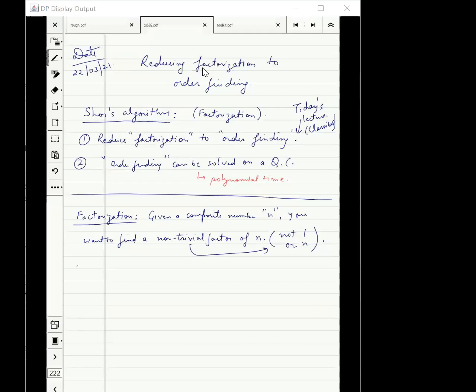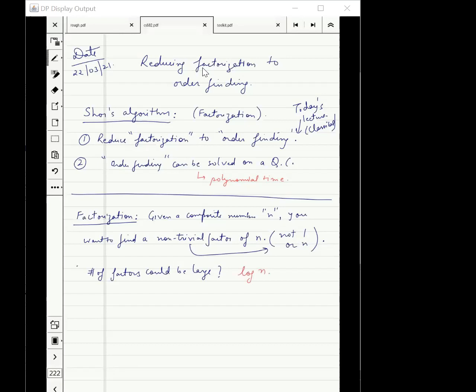The only problem could be that the number of factors could be large. Can you give me an upper bound on the number of factors of n? It is at most log n, base 2. It is not very hard to show.